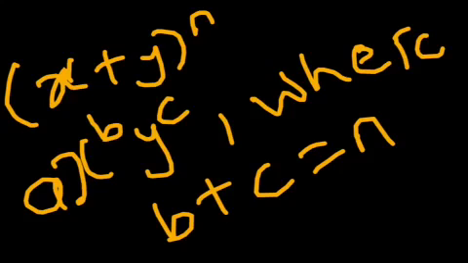So b and c are the exponents, and obviously this mainly works for positive integers. And a is the binomial coefficient.